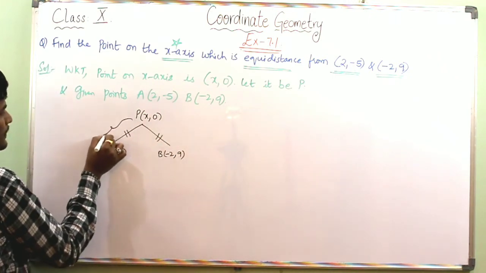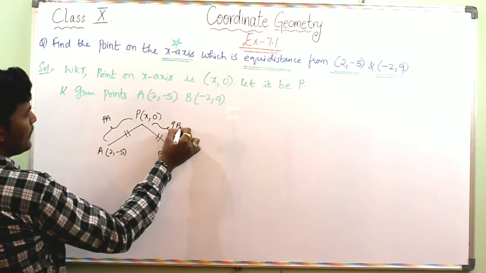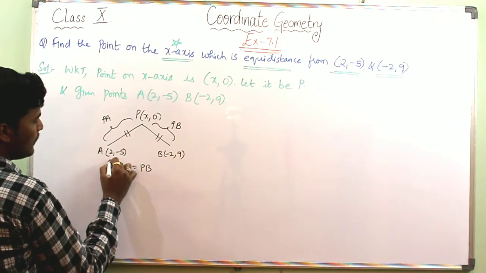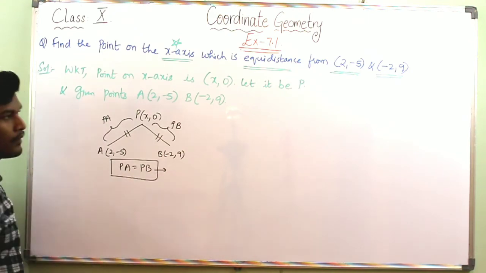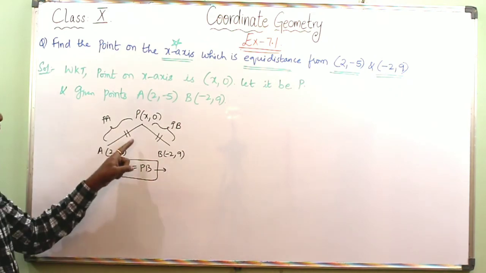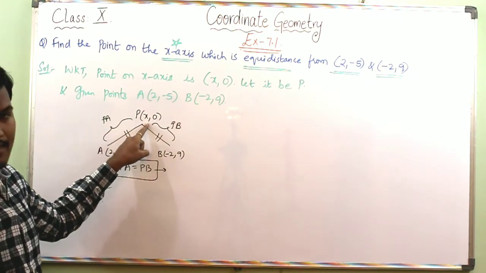That means the distance PA and the distance PB are equal, that is given. Okay, this is what equidistance means. This is already given in the question, that the 2 points are equidistant from the point on the x-axis.